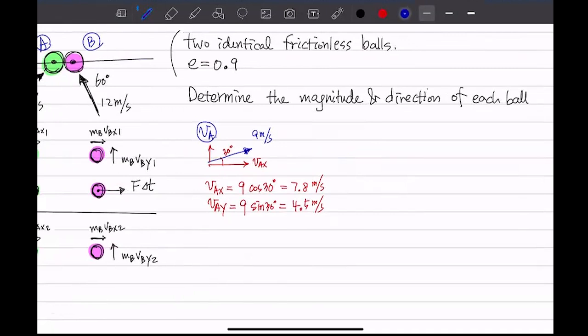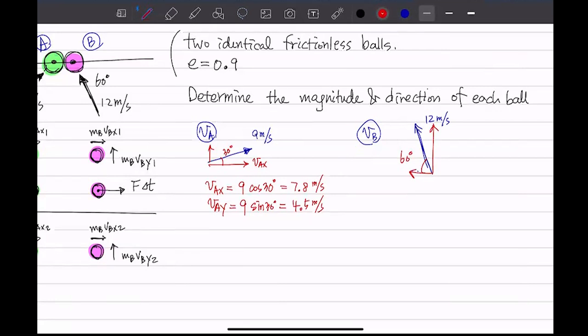And we have VB as well. And VB was velocity that was going up like this, right? It was 12 meter per second, and it had an angle of 60 degrees. So this angle here is 60 degrees, right?